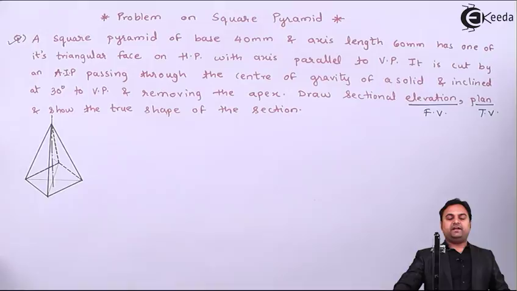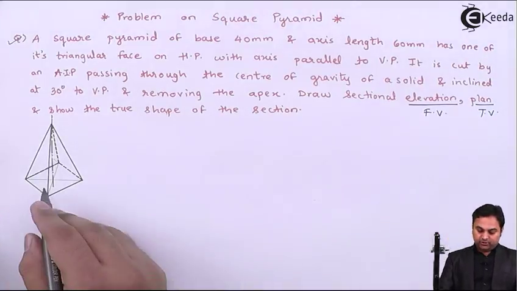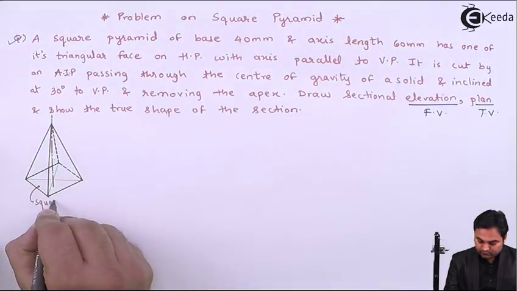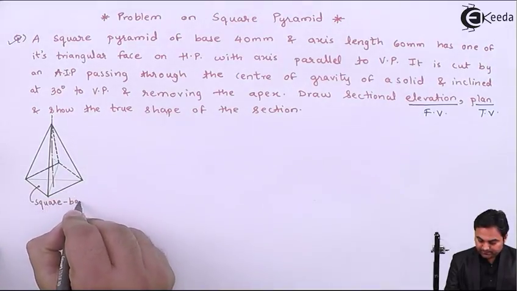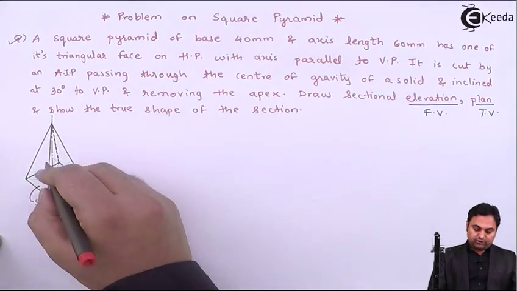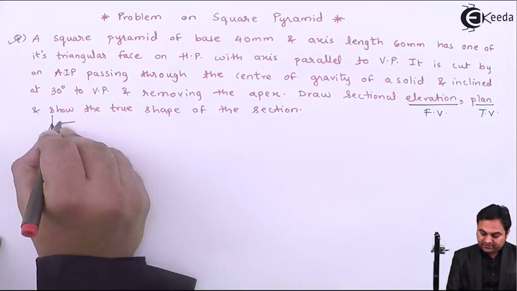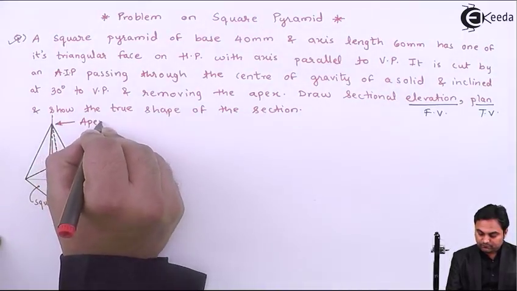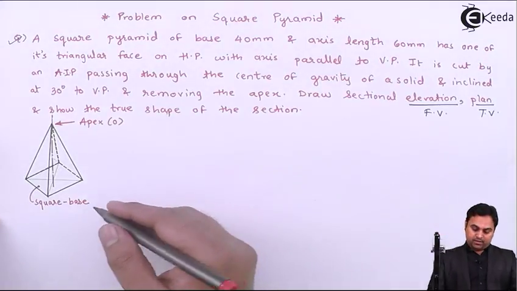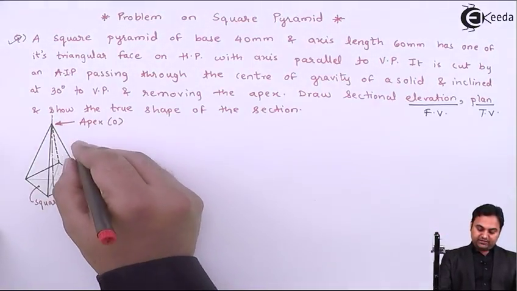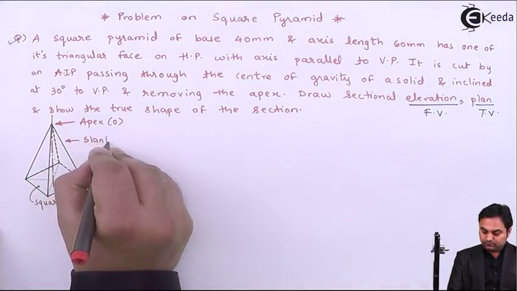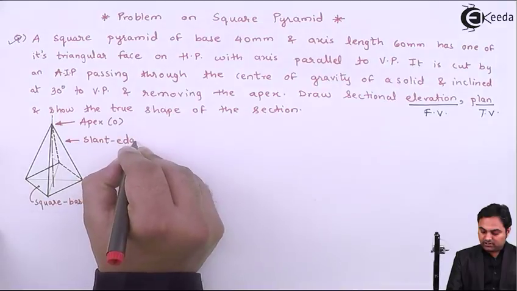So here we have the diagram of a square pyramid in which we have a square base. It has four corners. All the corners are connected to a common apex, point O. Then these corners are connected to the apex with the help of slant edges.